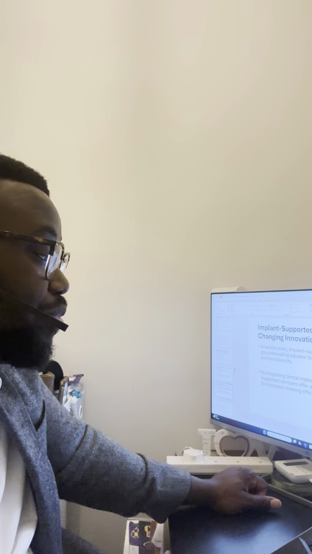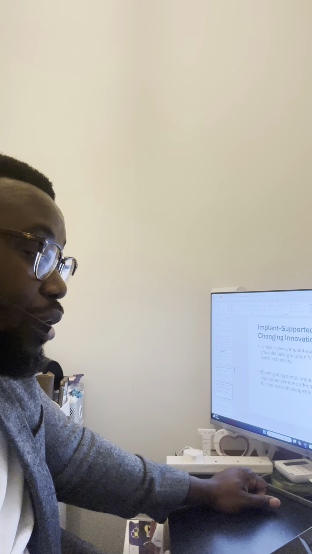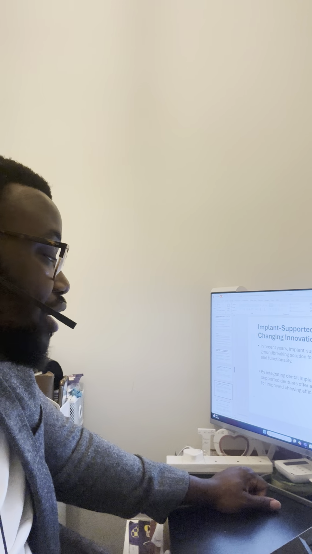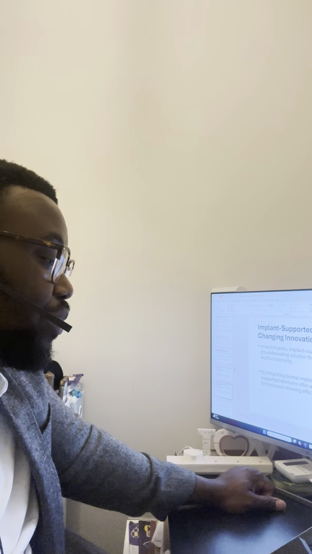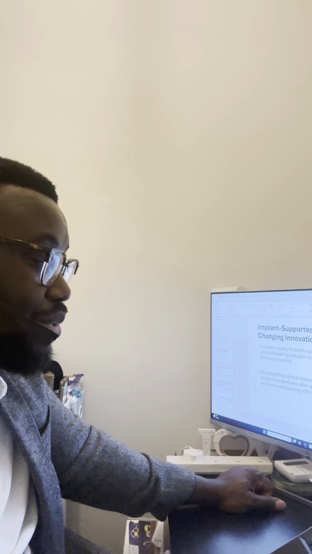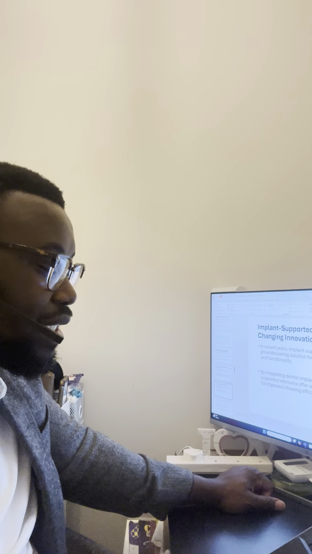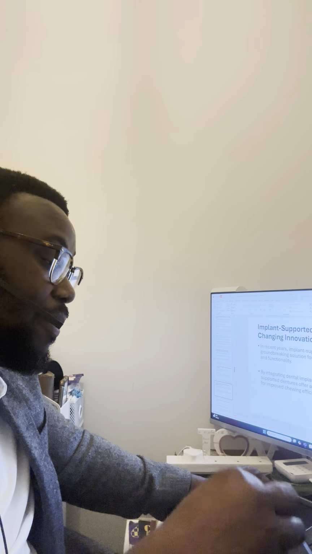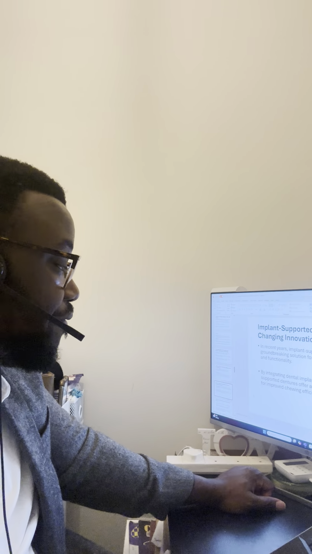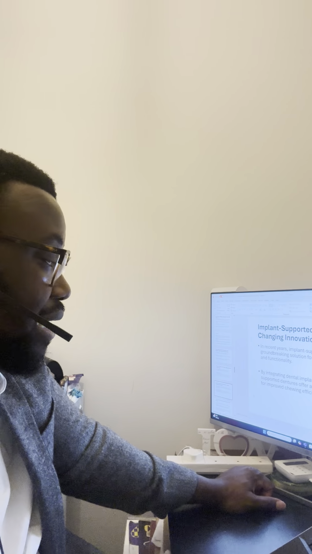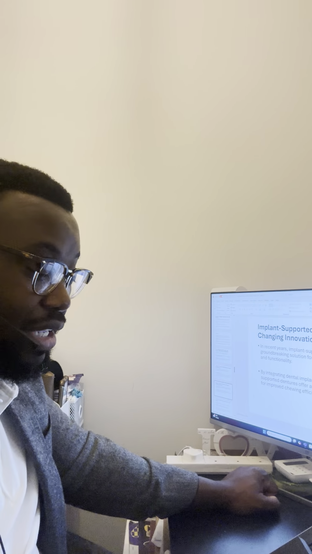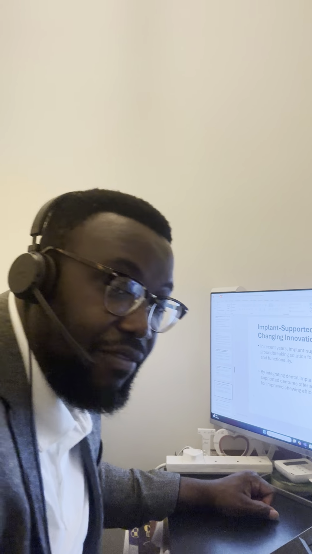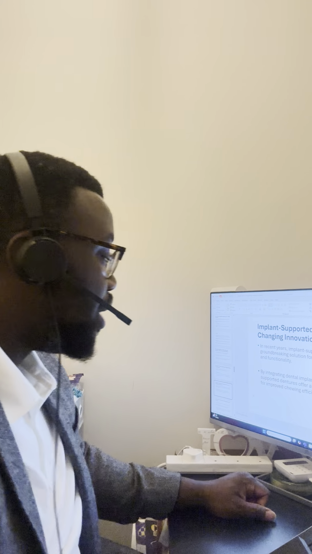So a lot of people would go for the option of having permanent dentures, and these are implant supported, where the implant is inserted within the dental arch, and then the denture is fitted to the implant, and then the person just carries on. If they don't tell you, you probably would never know that this person is wearing a denture.